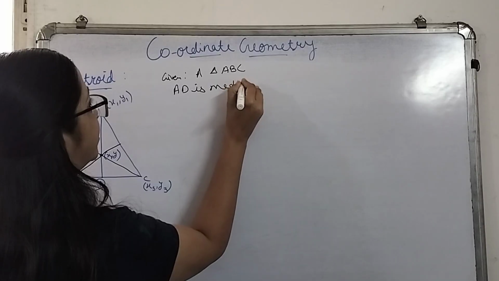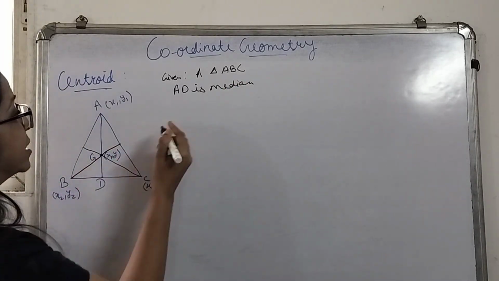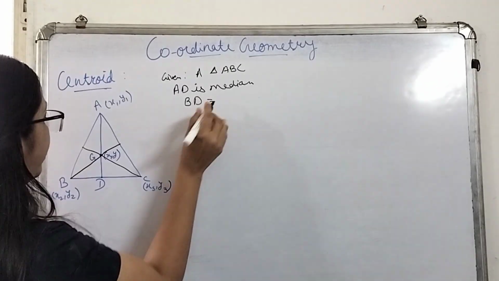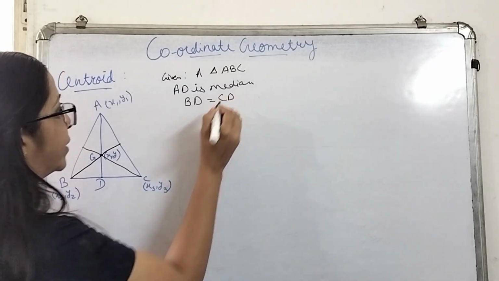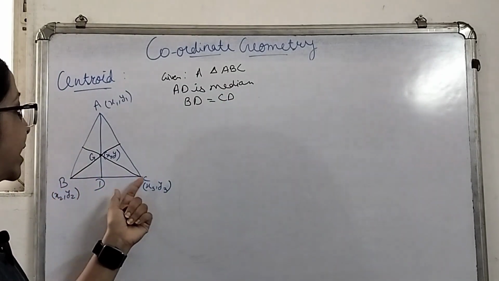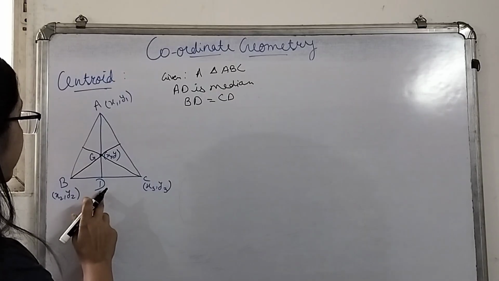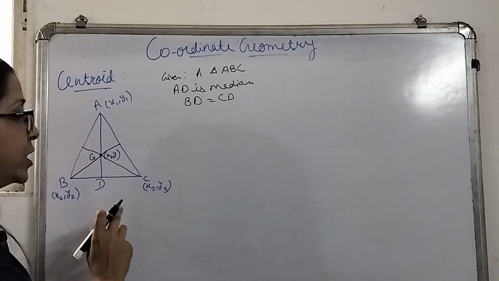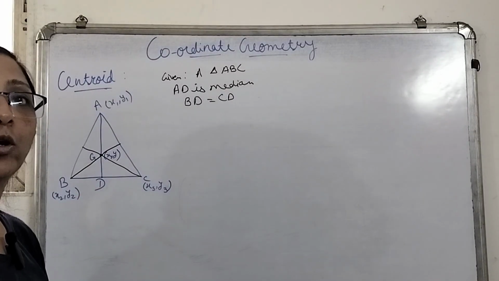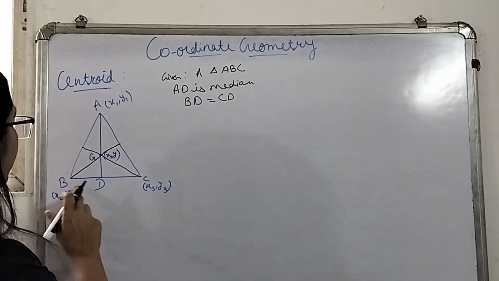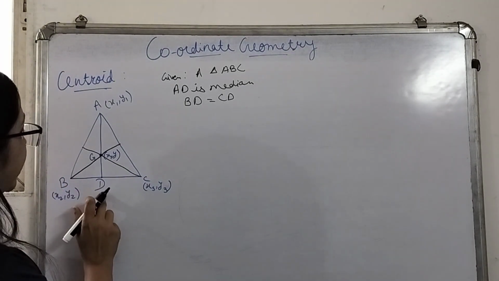If AD is median, that simply means BD will be equivalent to CD, because D is bisecting your BC. Now if D is the midpoint, that means the coordinates of this point D. Just now we discussed how to find the coordinates of the midpoint of a line segment.